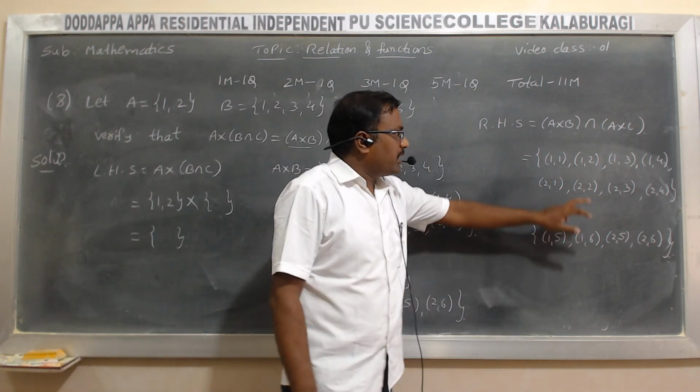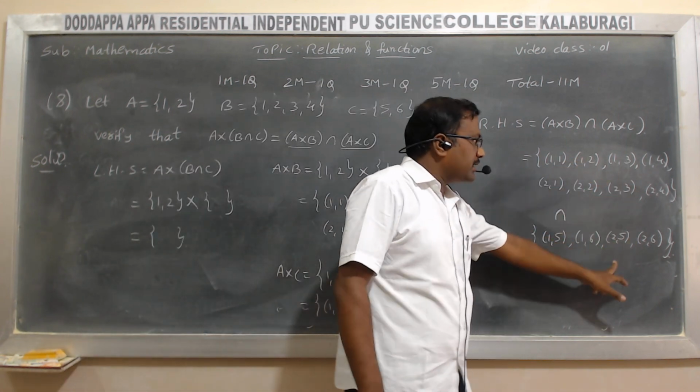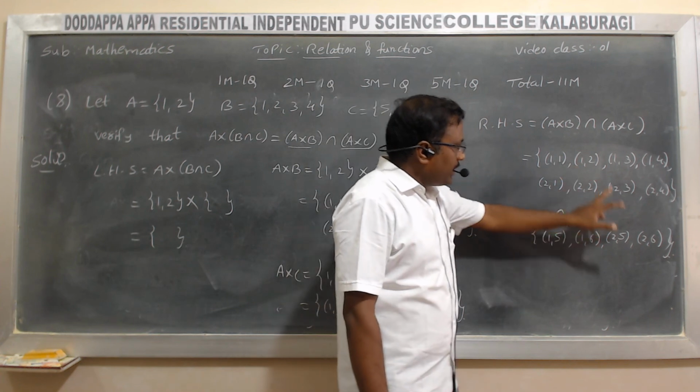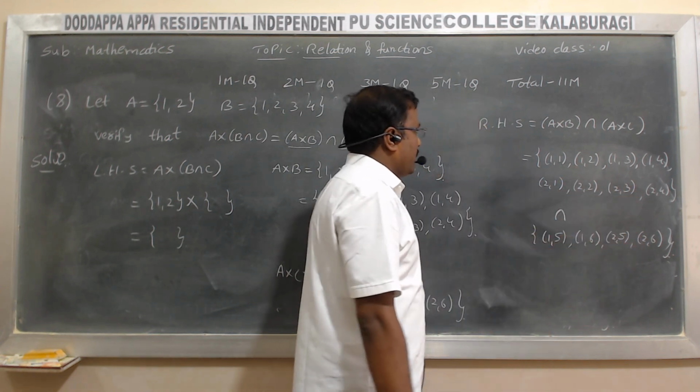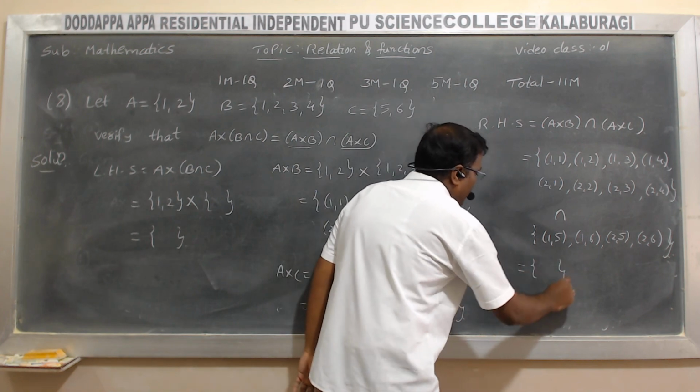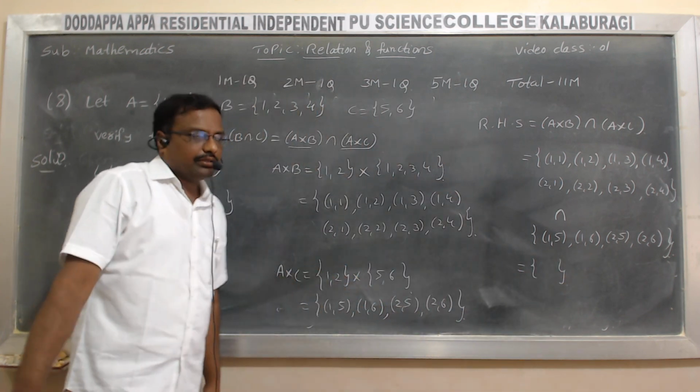Now you can find the intersection value of these two sets. Is there any common value here? No, there is no common value. So again we get the null set only.